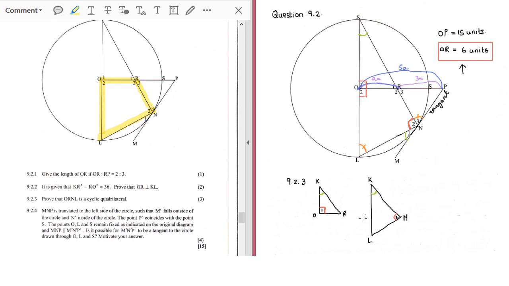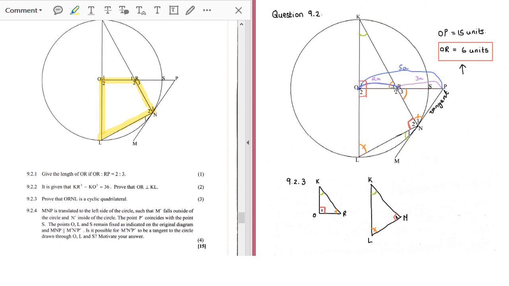Why was it necessary for me to observe this? Because now we've actually proven our cyclic quad. From the similarity, because these two triangles are similar, angle R1 is equal to angle L. But angle R1 is equal to angle R3, as those are vertically opposite angles.